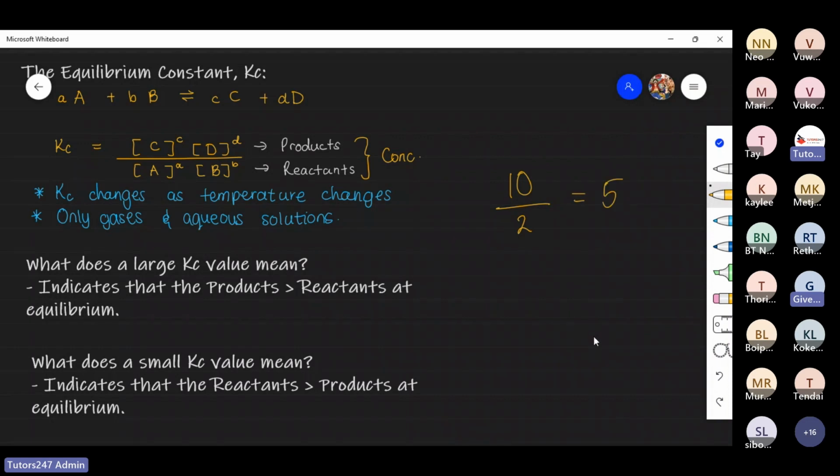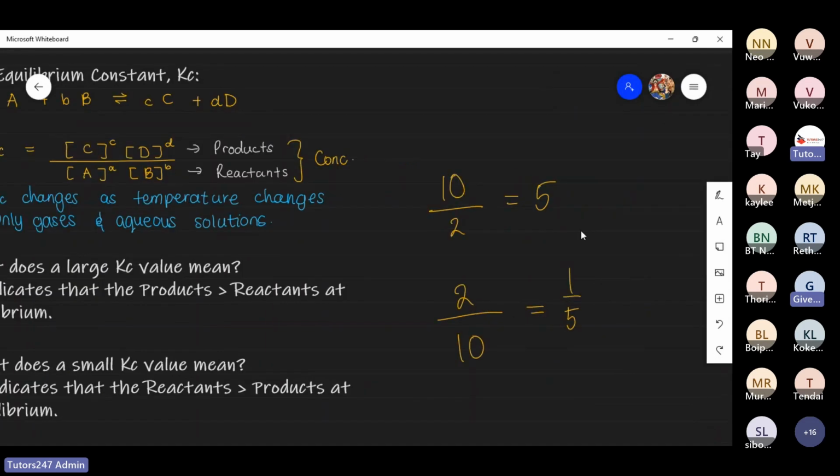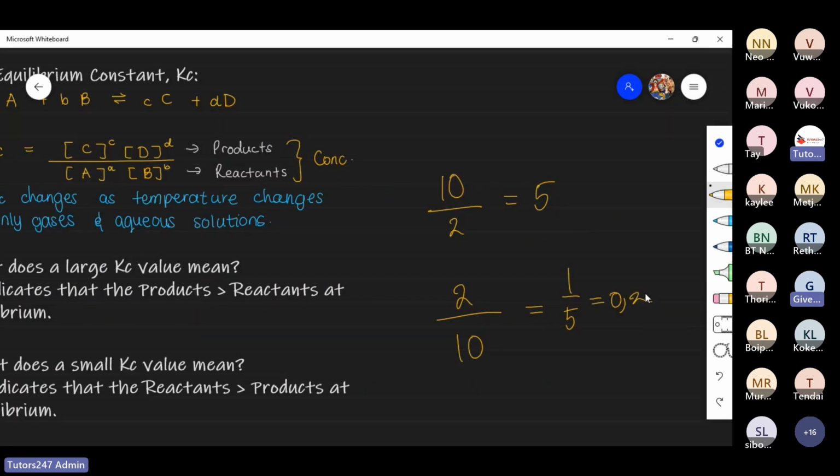It's going to give us 5, right? Let's switch this around. Let's make it a small numerator and a big denominator. That is going to give us 1 over 5. If you put 1 over 5 into your calculator, you should get 0.2.